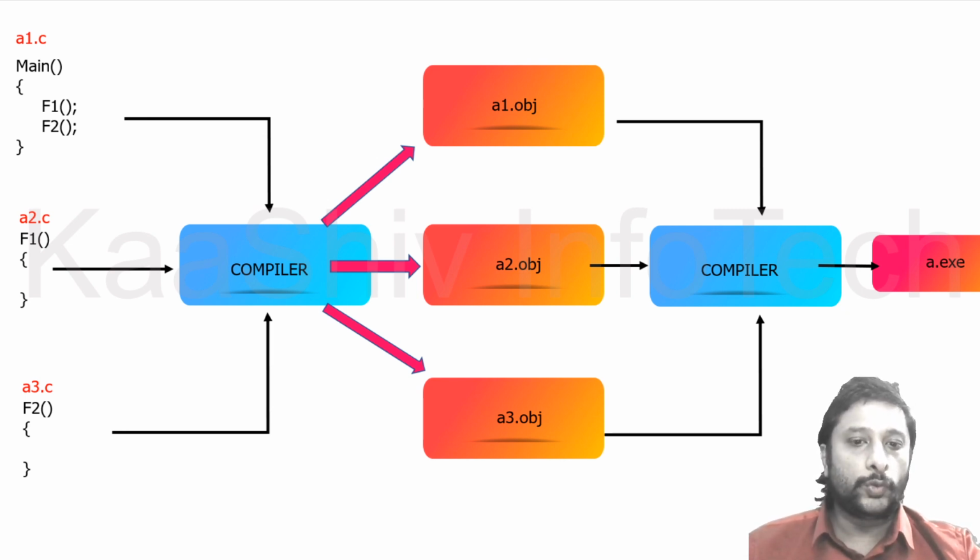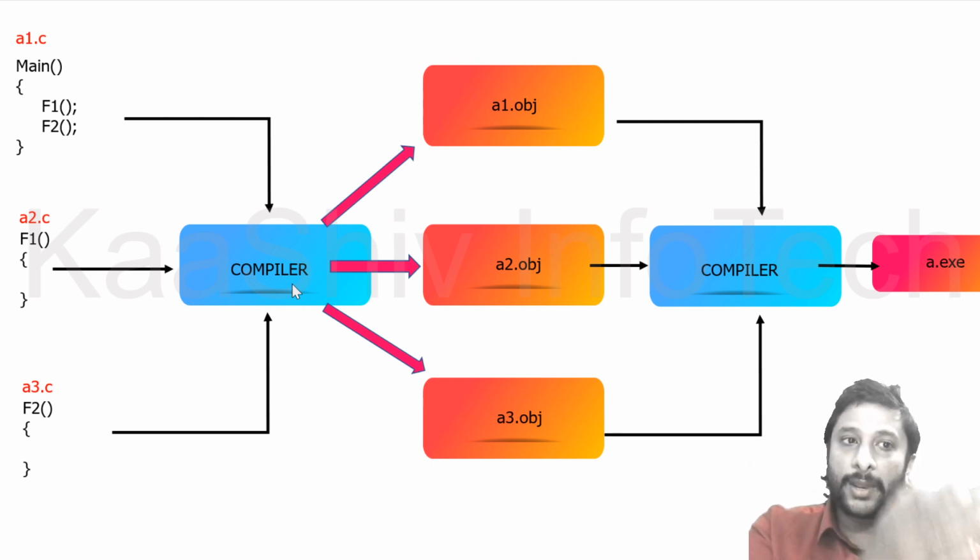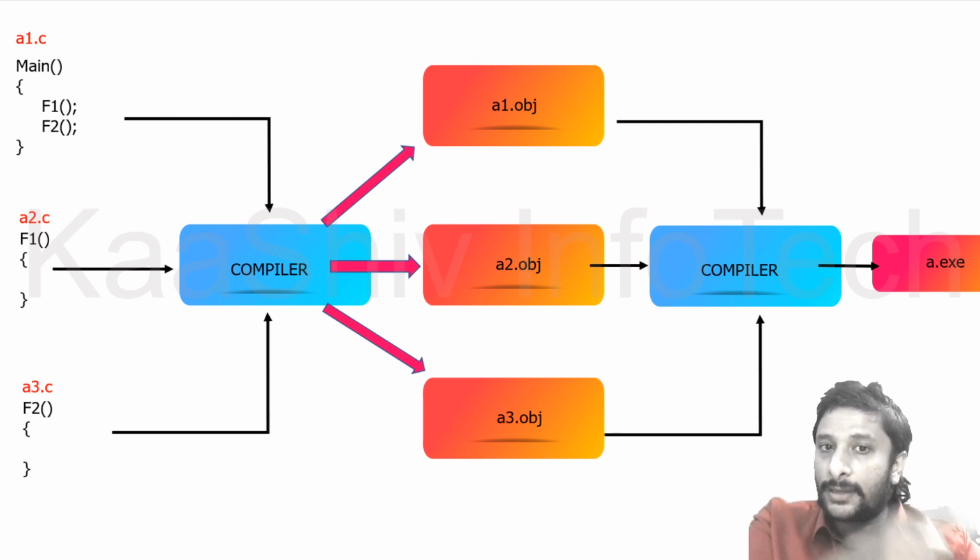Anyway, over here you are able to see it. I have my program. Here is the a1.c program which has f1 and f2. a2.c has the f1 function, available here. a3 will have this f2 here. These are all 3 different C files and they are getting compiled. Compilation means this English language you are able to understand, but after compilation you can't understand it.